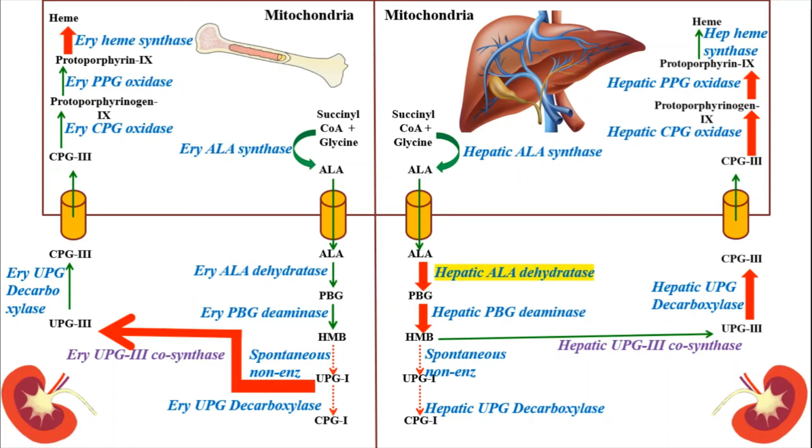So to summarize the porphyrias: when there is defective hepatic ALA dehydratase, the name of the disease is acute hepatic porphyria. When the defective enzyme is hepatic PBG deaminase, it is acute intermittent porphyria.